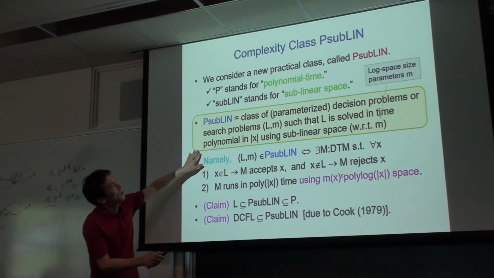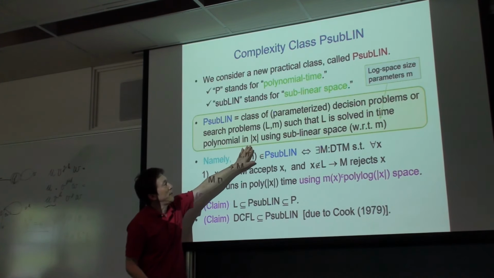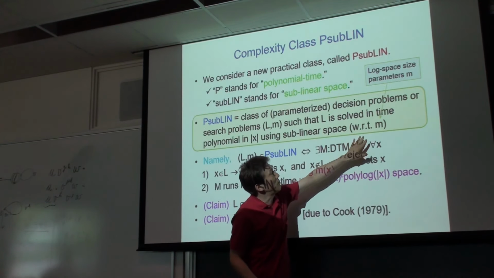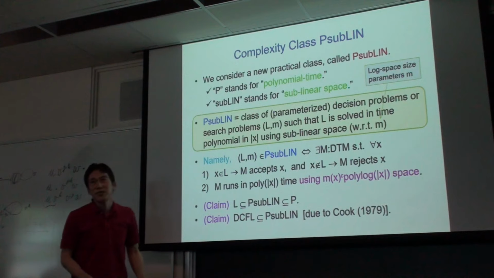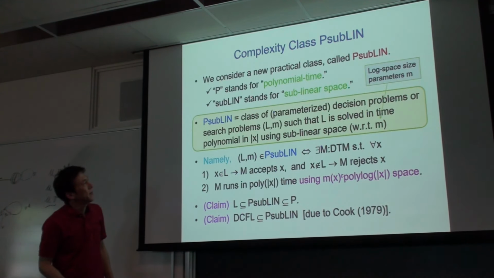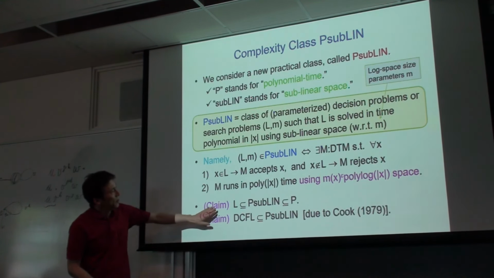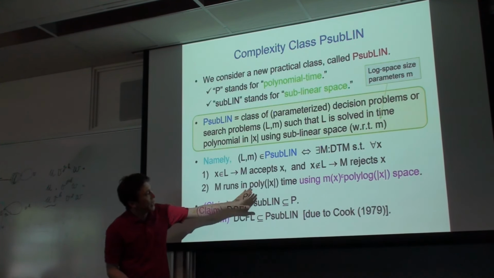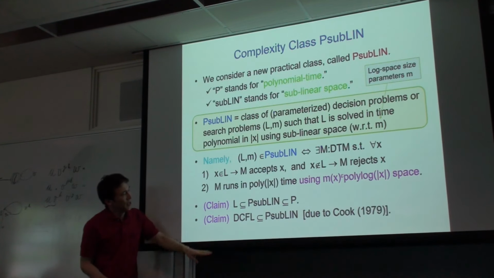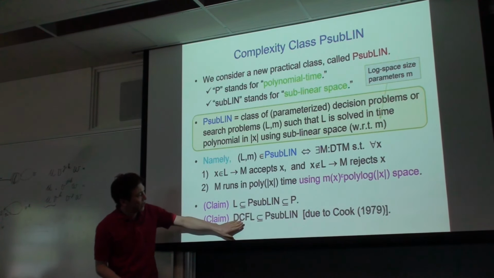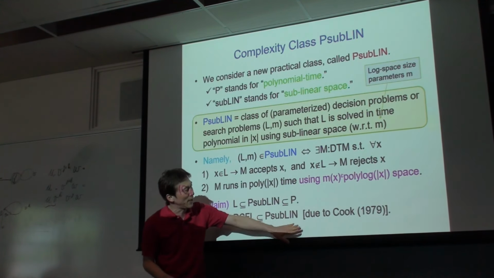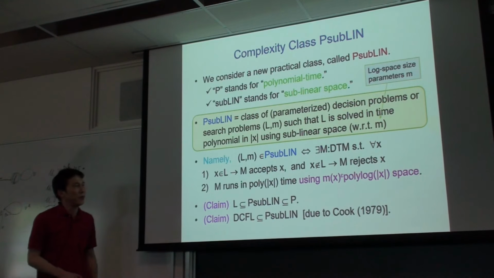This problem can be solved in time polynomial in the binary size of x and sublinear space with respect to the size parameter m. So this complexity class is situated in between L and P, and DCFL is just a part of it, due to Steve Cook.